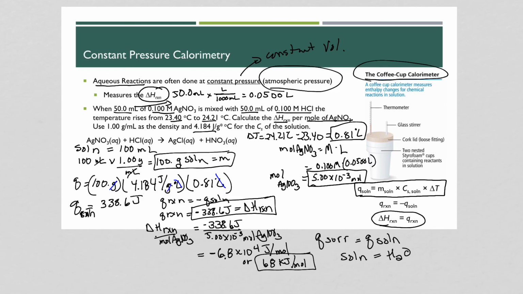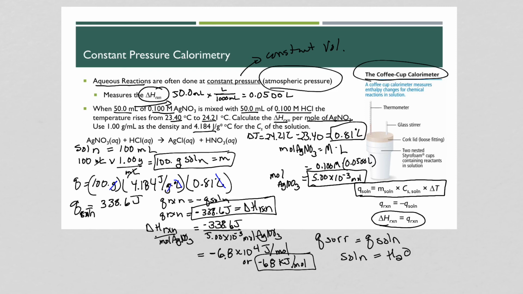So either way, you could write it in terms of joules, and that's fine: 68,000 joules, or 68 kilojoules per mole of silver nitrate.